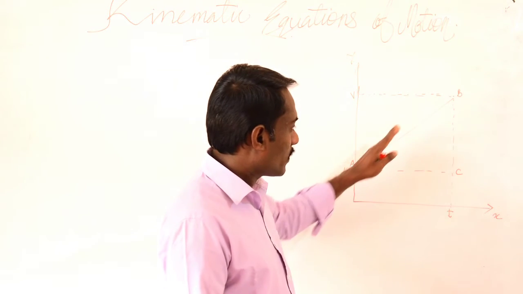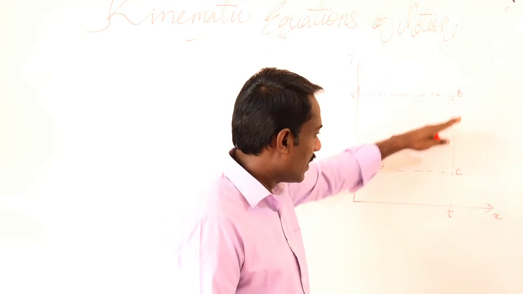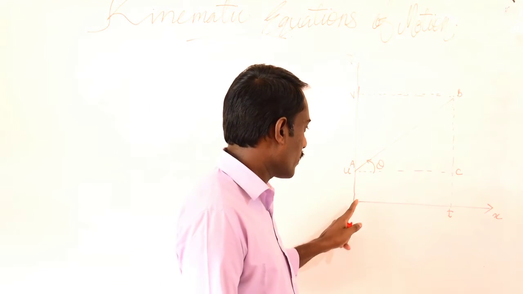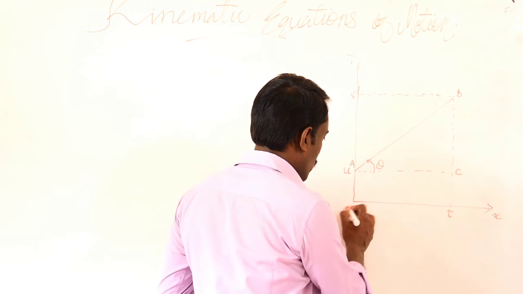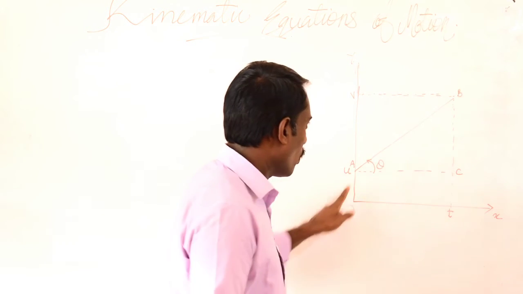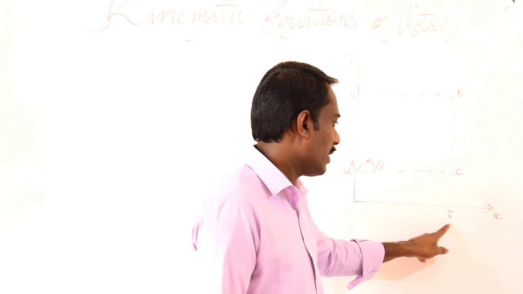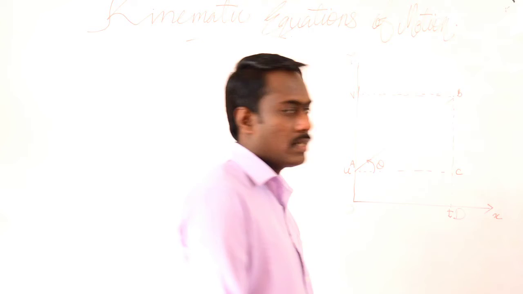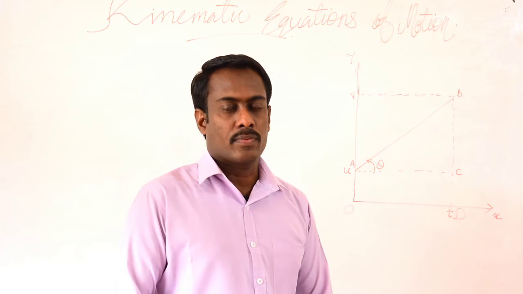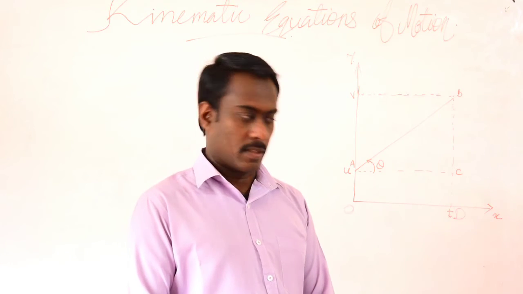The displacement of the object at time t is given by the area under the VT graph, that is the area of the trapezium OABCD.